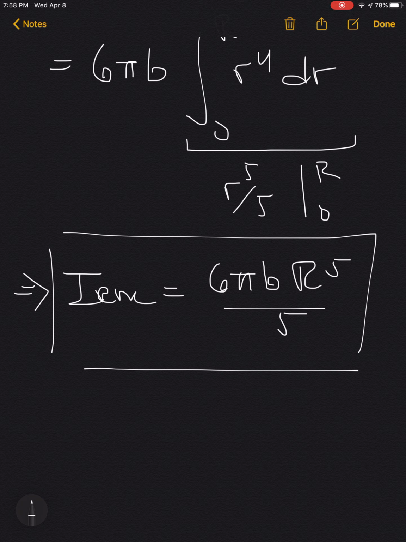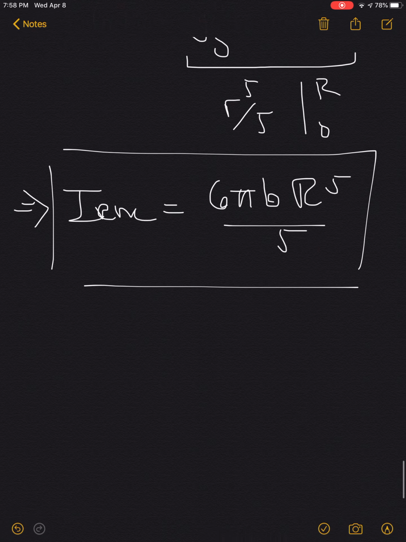So that's the total charge that's enclosed, and this is a constant because R is a constant, b is a constant. All of these factors are constants. Once you get outside of the cylinder, this is the total current that's running through that wire.